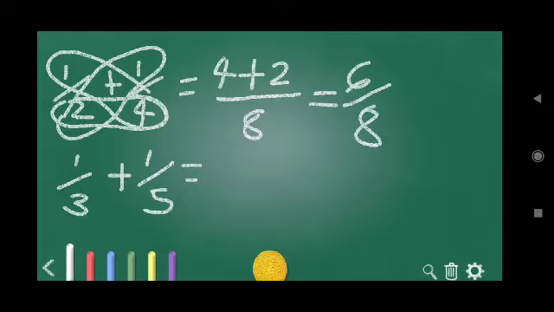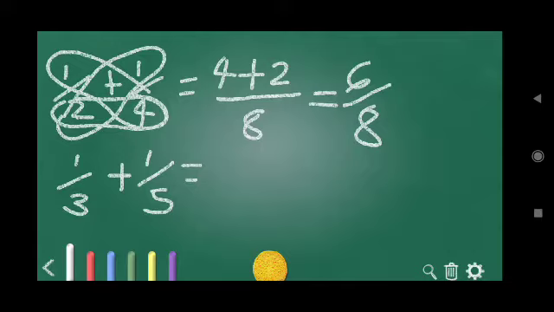Now notice that your answer can be divided by 2. If the answer is a fraction whose numerator and denominator can be divided by the same number, that's not yet your final answer.